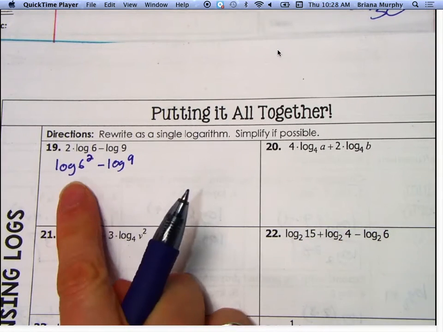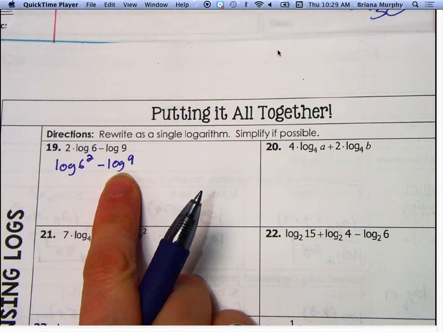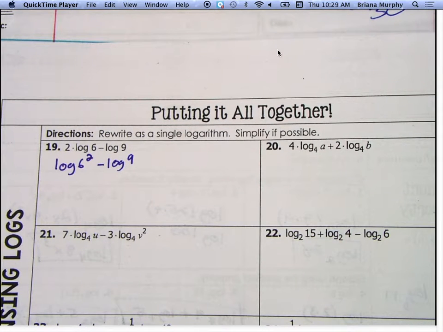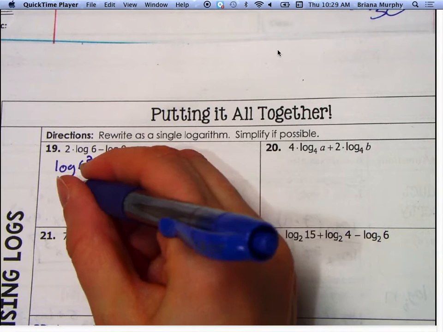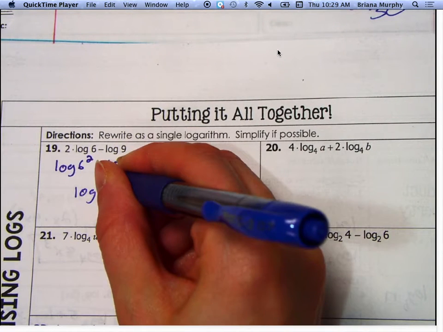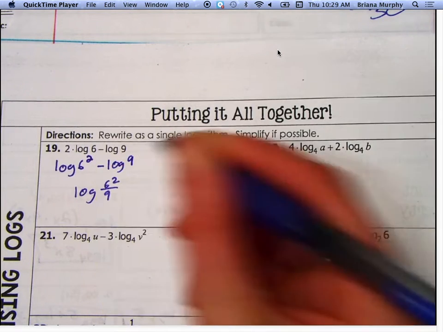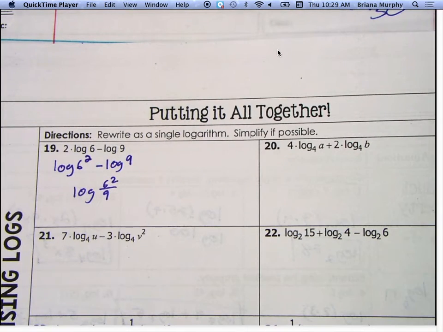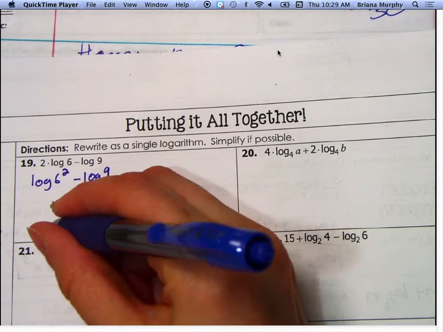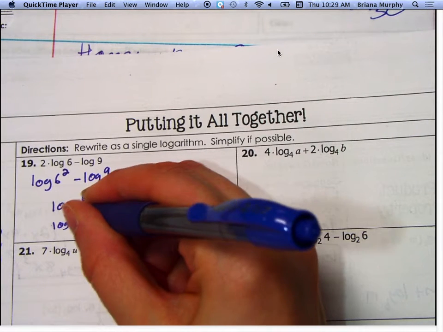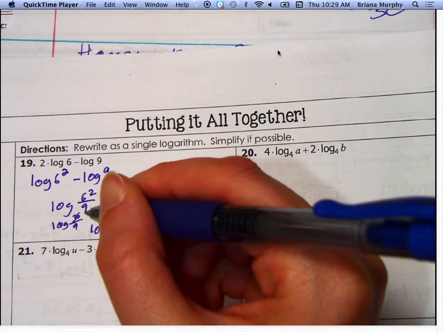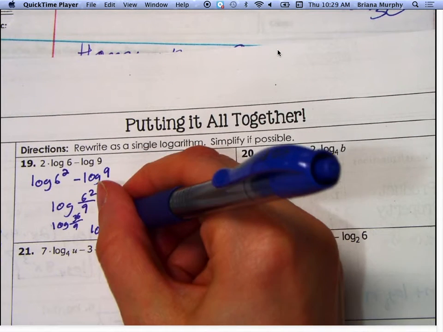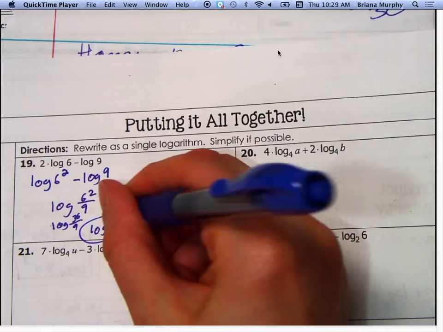Now this is the quotient property, right? So now we get log 6 squared over 9. And what's 6 squared? So we get log 36 over 9, which reduces to? 9 goes into 36 how many times? 4. That's our answer.